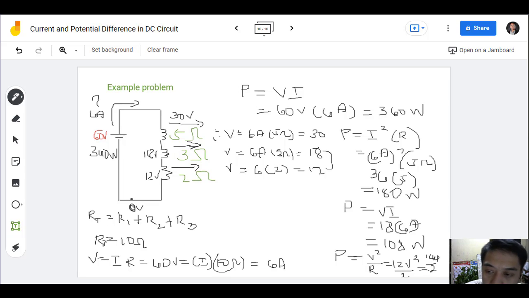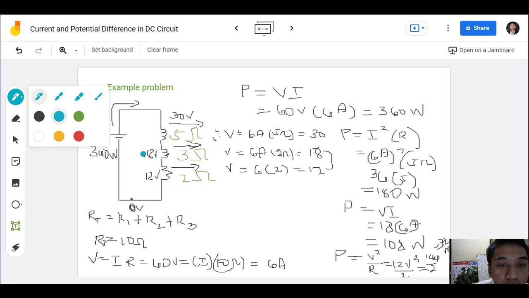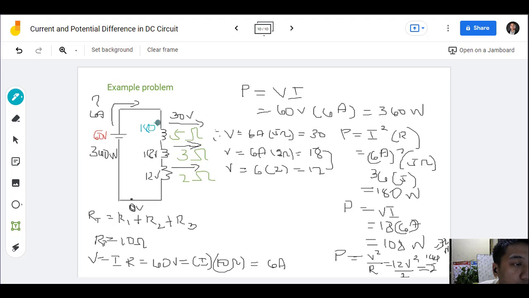Divide by 2. So divide natin sa 2. That will become 72 watts. No? So yung wattage nito, yung una is 180 watts. Second, we have 108 watts. And the third one is 72 watts.